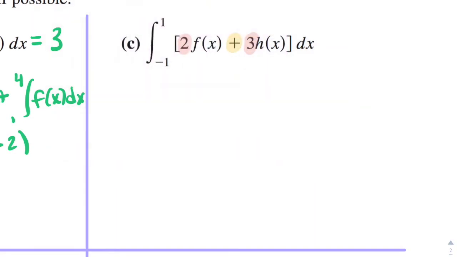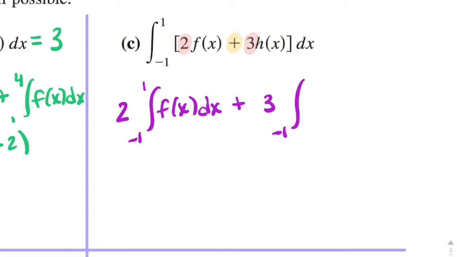Let's do 2 times the integral from -1 to 1 of f of x dx, and add to that 3 times the integral from -1 to 1 of h of x dx.